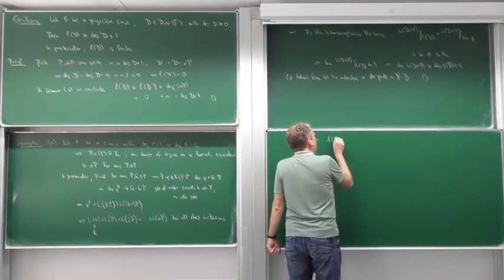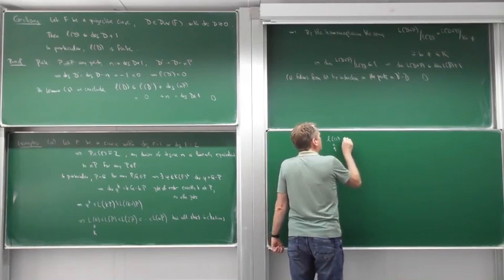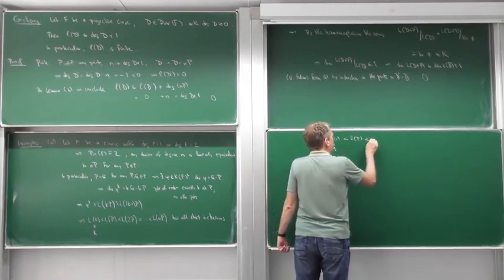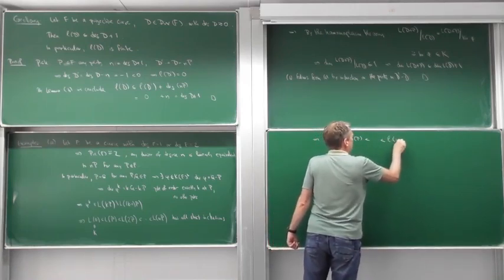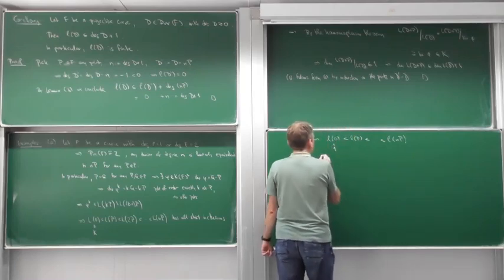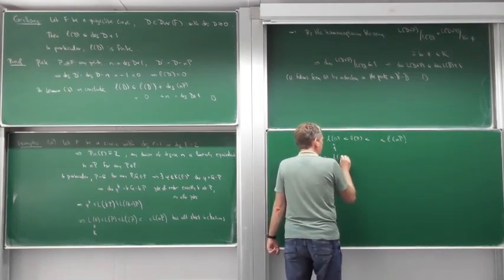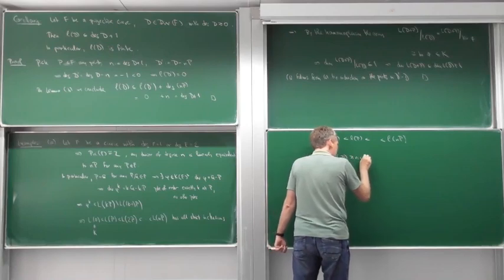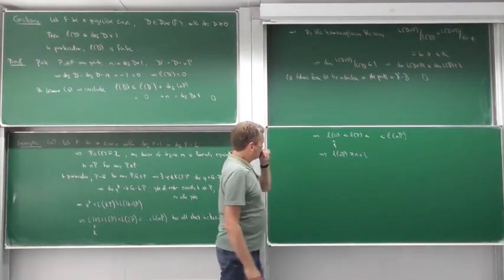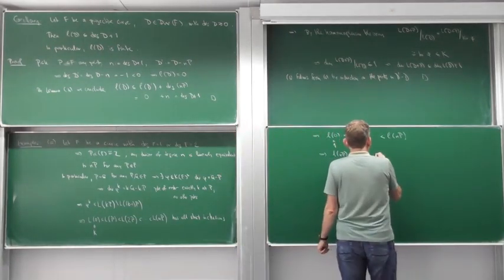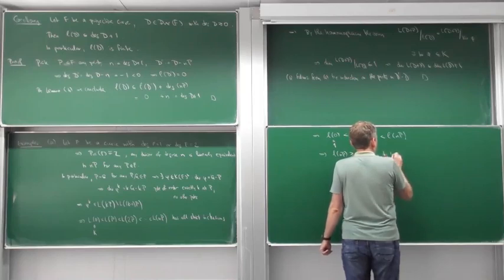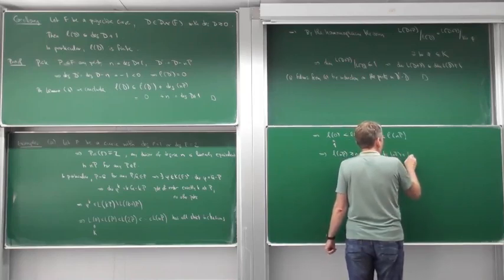So this means the little L of 0, which is 1, is strictly less than L of P, strictly less, and so on up to L of nP, which means that L of nP is at least n plus 1, which is the degree of nP plus 1.